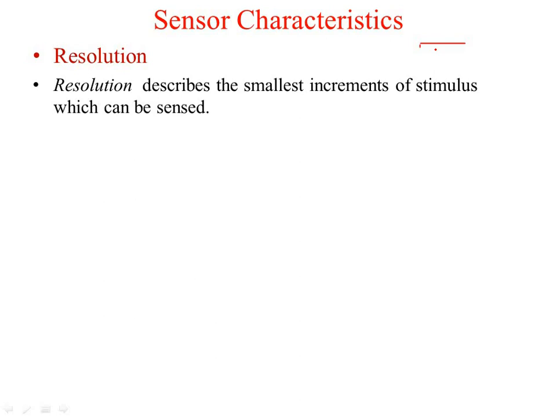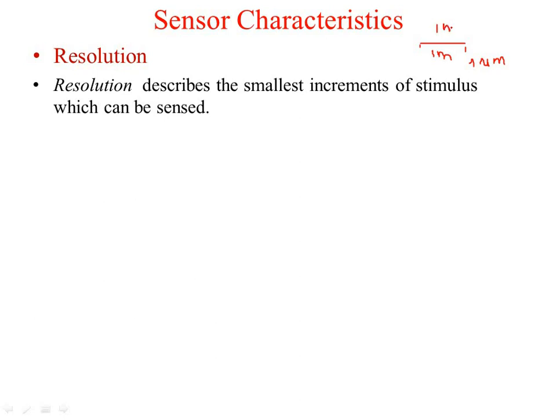The smallest part I can go is 1 meter. Below that I can go for a centimeter. Below that I can go for a millimeter. Below that I can go for a micrometer. So if I check a micrometer change, that is the smallest increment. That means if the span is 1 meter, how many results will you get in 1 meter if my resolution is 1 micrometer, or 1 millimeter?